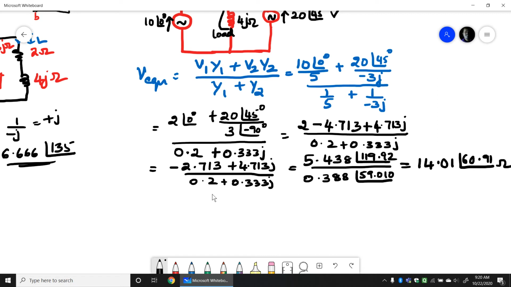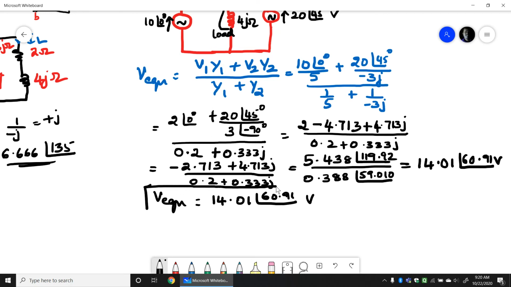This is actually voltage which we have found, so it is volts. Therefore V equivalent is equal to 14.01 at an angle 60.91 volts.